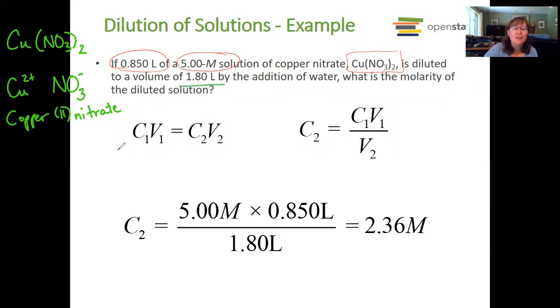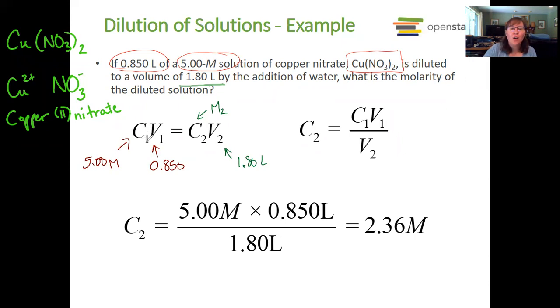Our initial concentration is 5 molar, and our initial volume is 0.85 liters. And our final concentration, well, that's the secondary molarity that we're looking for. And our final volume is 1.8 liters.